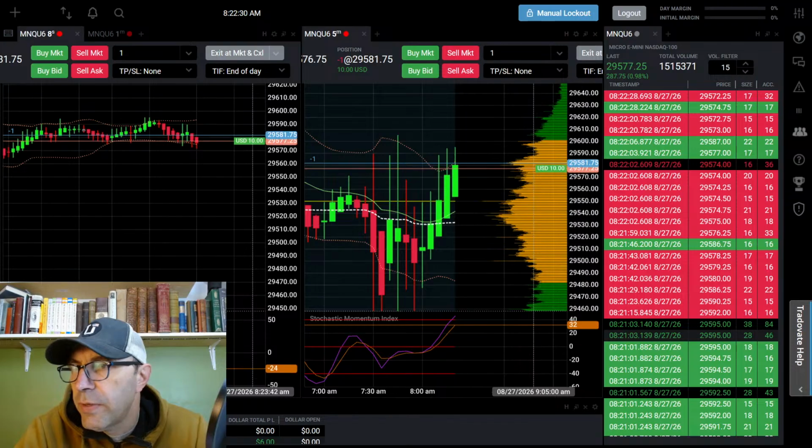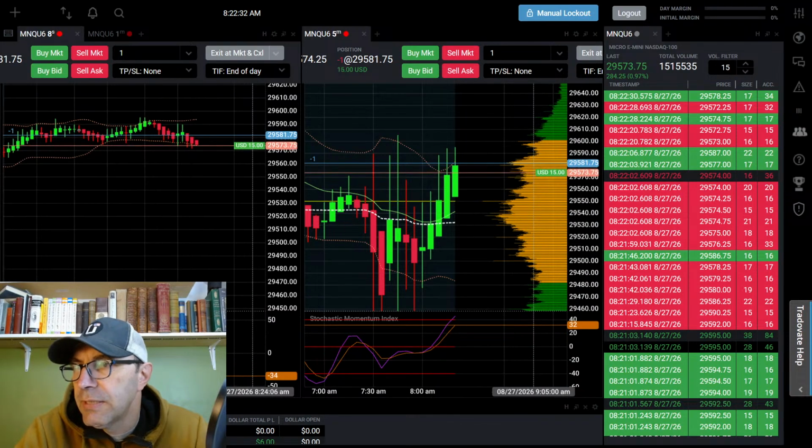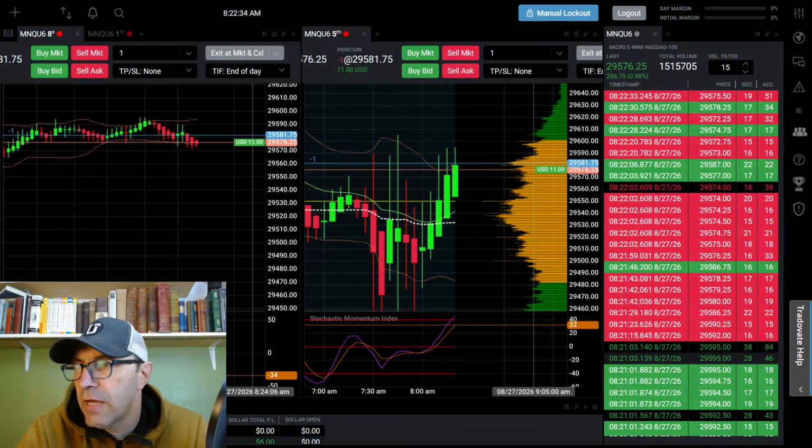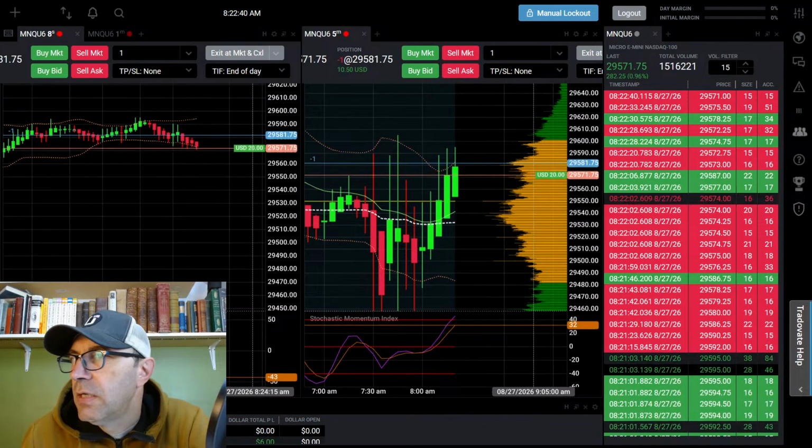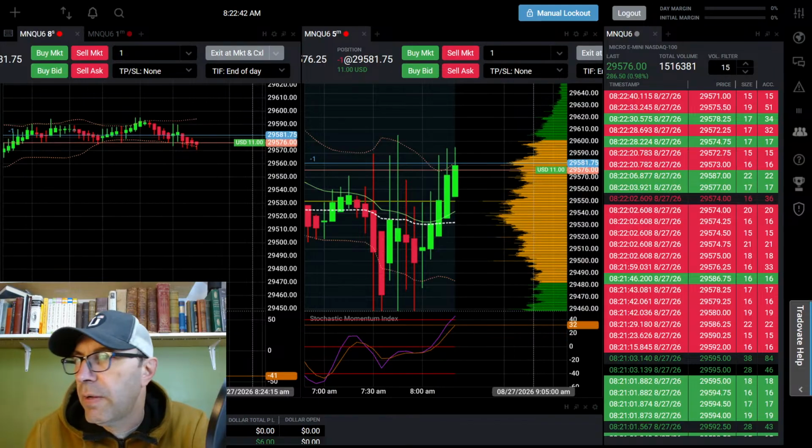NVIDIA may spend $12.9 billion to control one of AI's most important platforms. Interesting what that is all about.